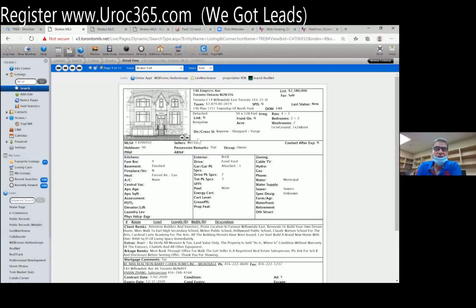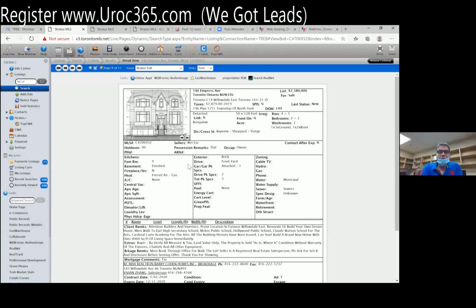If you see the picture, you see that this is the old house, right? And this for 238, 2,380,000, a new one, 149 days on market. But you should add, if you are able to adjust it to the new house, right?